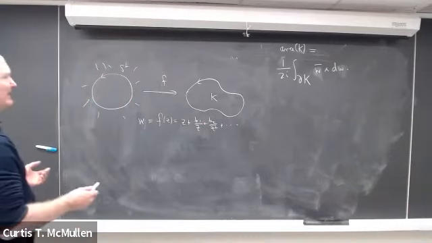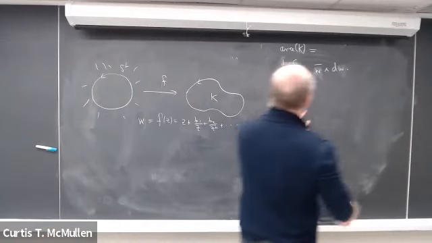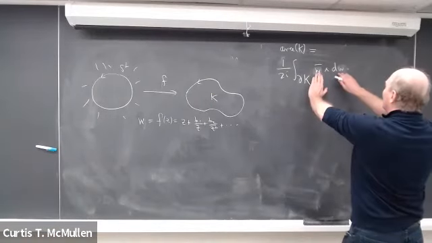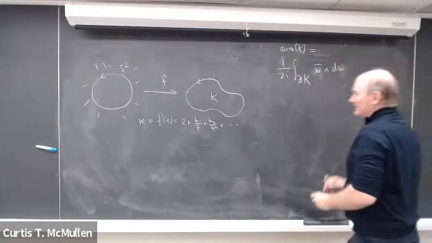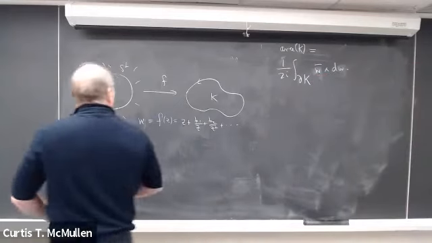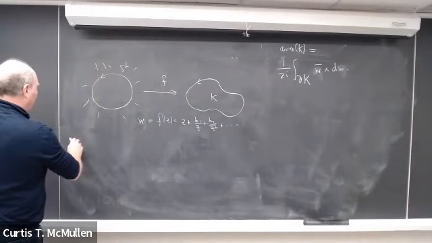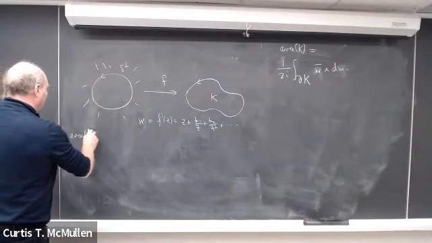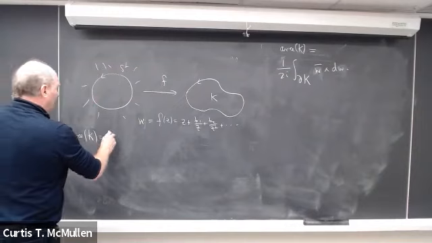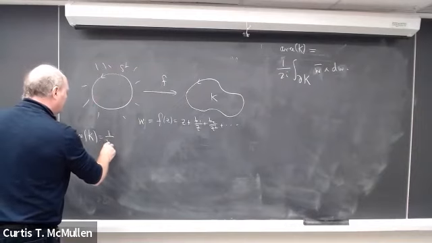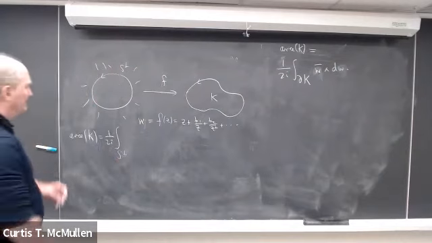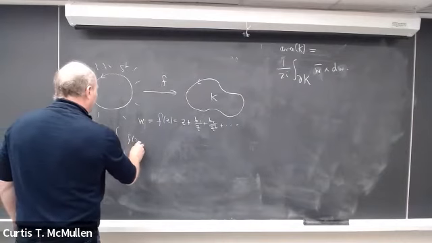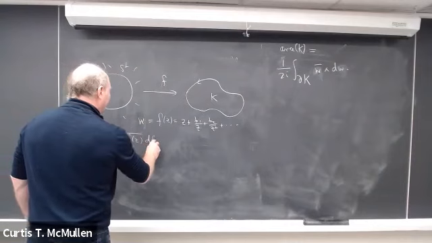And that's the main thing that we need to do here, because we're going to have to take w bar wedge dw, replace w with f, and then collect terms and integrate. So let's do that. Then we get the area of K is 1 over 2i times the integral over the circle now of f of z bar df of z.